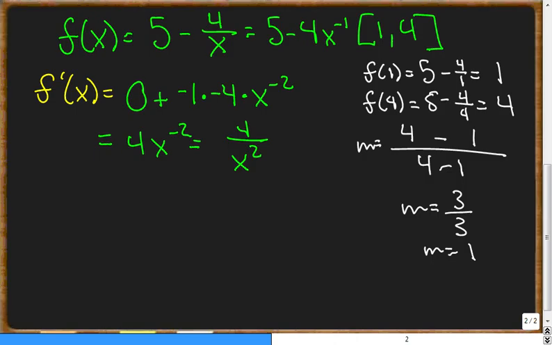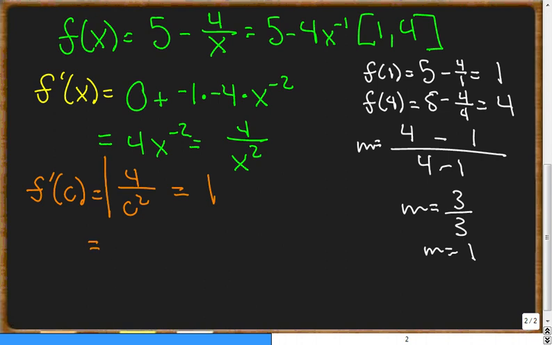Now, at some point between 1 and 4, we should be able to say that there's some value c such that 4 over c squared equals 1. Well, easy enough.